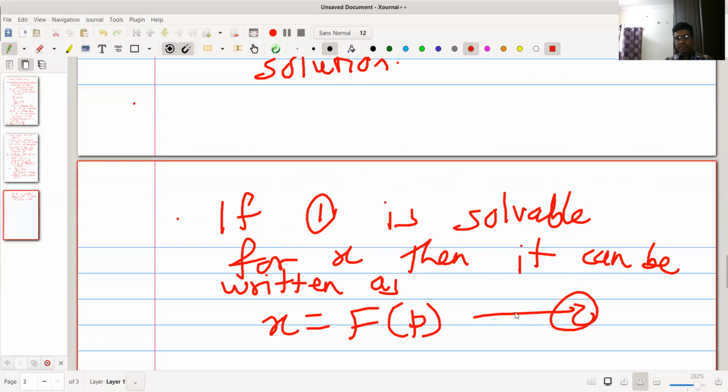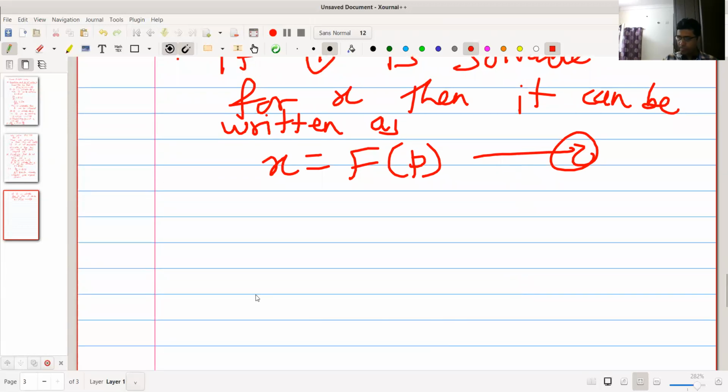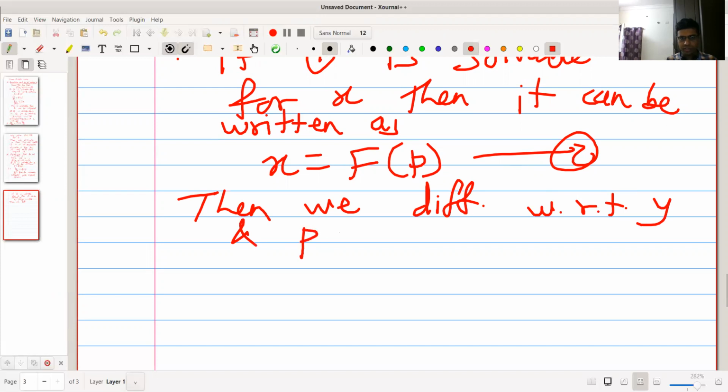And now we have to proceed as we discussed earlier. If the equation is solvable for x, then we differentiate that equation with respect to y and then try to eliminate p, and proceed as discussed earlier.